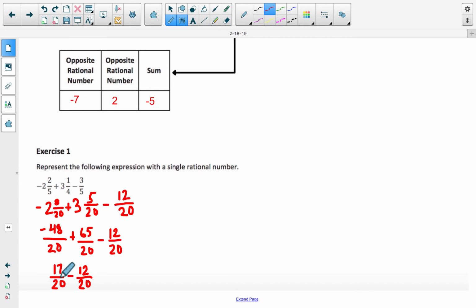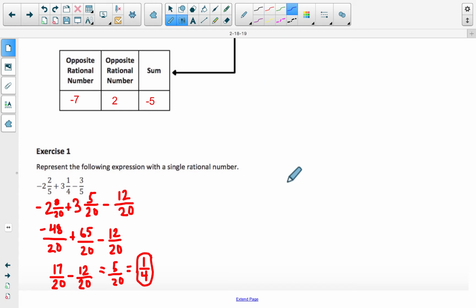Now this is very straightforward. 17 and a -12, or 17 minus 12, that essentially means the same thing, is 5/20. And if we simplify that, that is a quarter, or 1/4. So right here is our most simplified answer. All right. So that is strategy number 1.